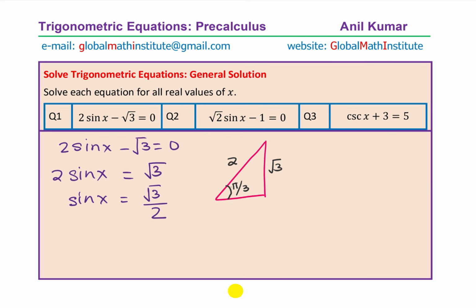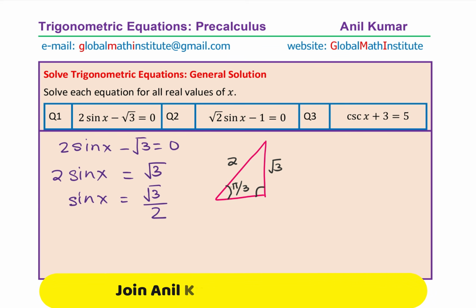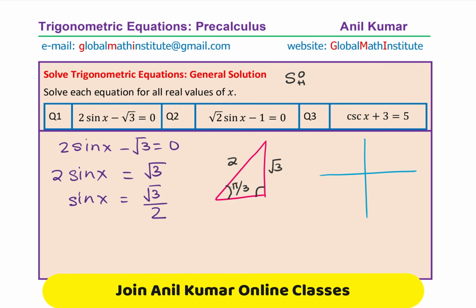So this is a special triangle, pi by 3, pi by 6, and pi by 2, where the sine is square root 3 by 2. Sine, as you know, is the ratio of opposite to hypotenuse, correct? So it is positive, as we just discussed. We're looking for solutions in quadrant 1 and in quadrant 2, right?